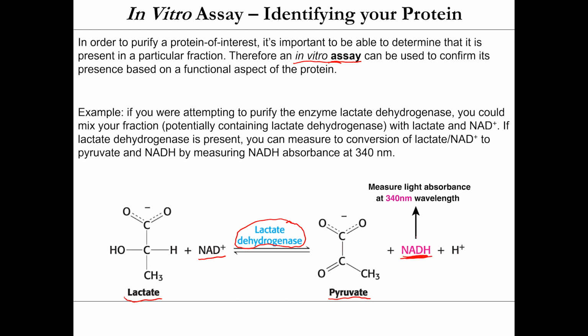And NADH can actually be measured using light absorbance at 340 nanometers wavelength. So for any different protein that you're interested in identifying, you first need to develop an assay so that you can actually confirm that the protein's in the particular fraction that you've purified.